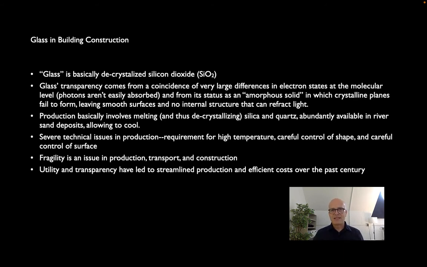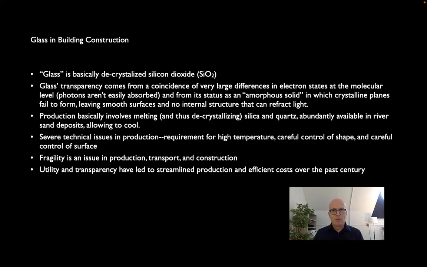So what essentially has to happen is you have to take vast quantities of crystallized silicon dioxide or river sand and melt it and cool it in such a way that it doesn't then reform those crystals. And this requires enormous temperatures to actually melt the sand, but also to very carefully control its cooling and its shape as it's cooling.